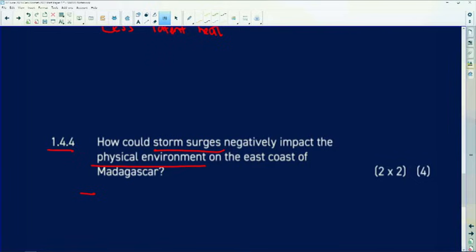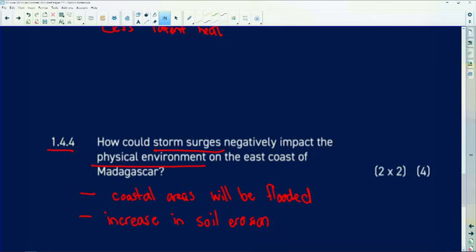First and foremost, the coastal areas can be flooded. There will be an increase in soil erosion. We might experience mass movement.